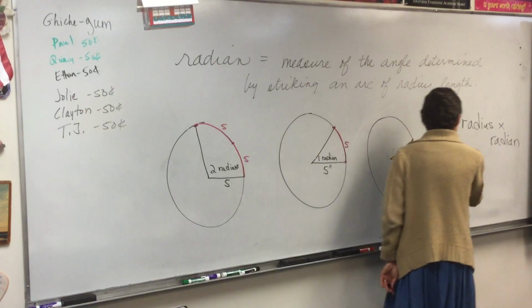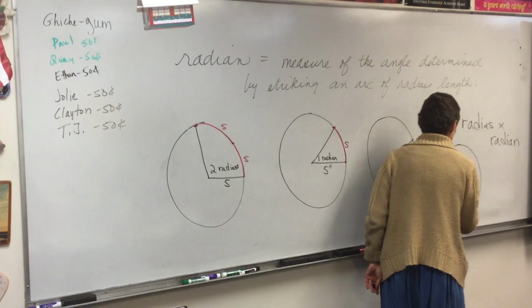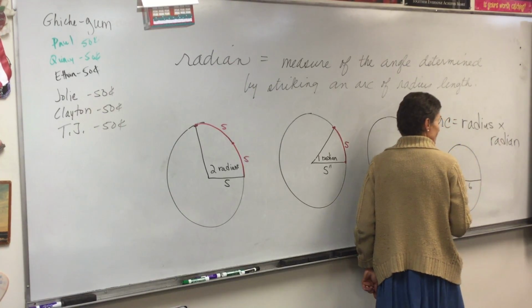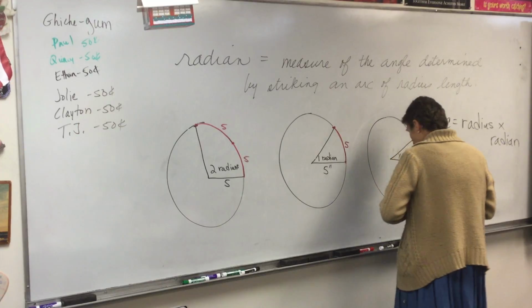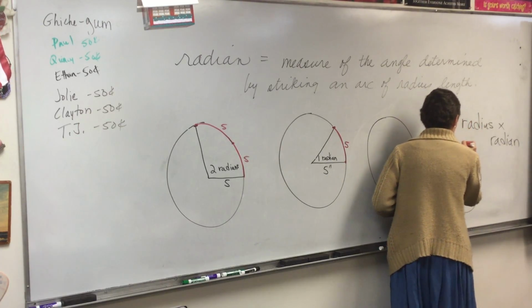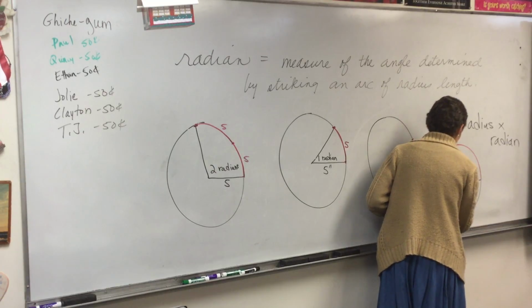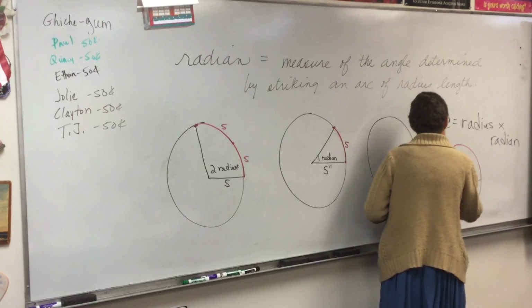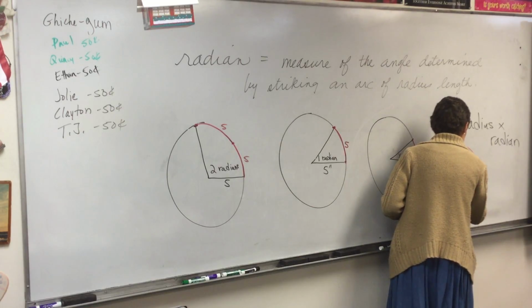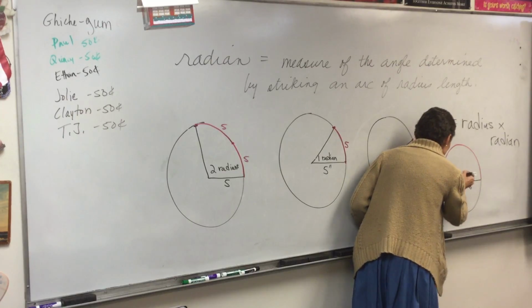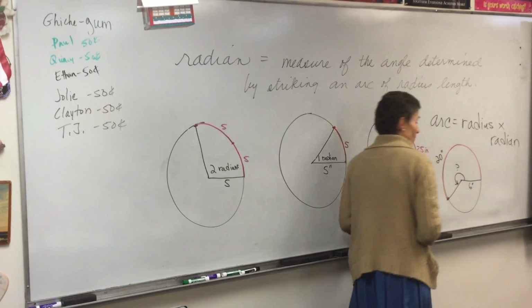So if I were to make up a different situation, let's say the radius was 6 and the arc length was, let's say 20. So we'll say 6 inches, 20 inches. Could you tell me the measure of the angle?